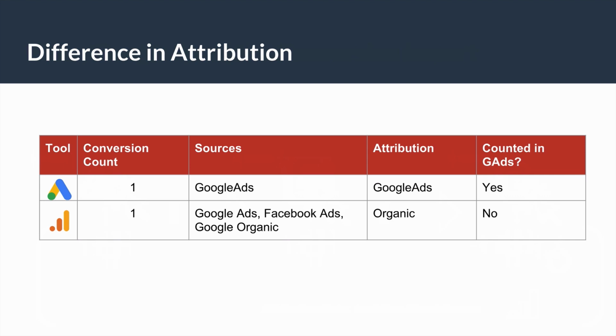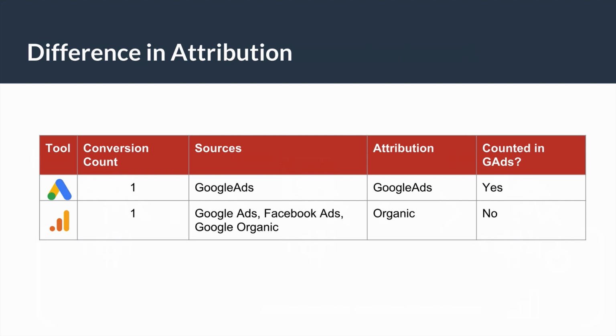So let's look at this a little bit in more detail. For the attribution, both tools count a conversion, but the sources that are counted differ. Google Ads only sees Google Ads prior ad clicks. It will always say, okay, if the user has clicked and there was somehow a contact with my ad, I will attribute this and this will be counted in Google Ads.